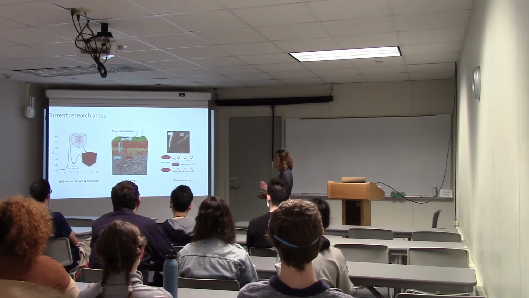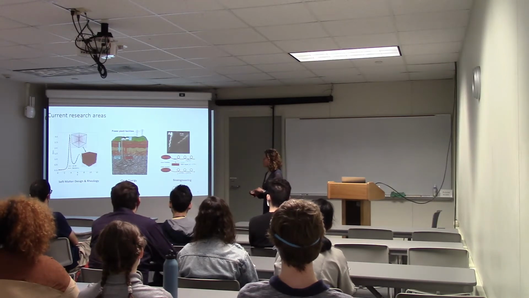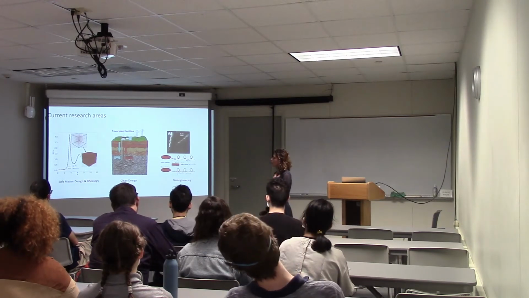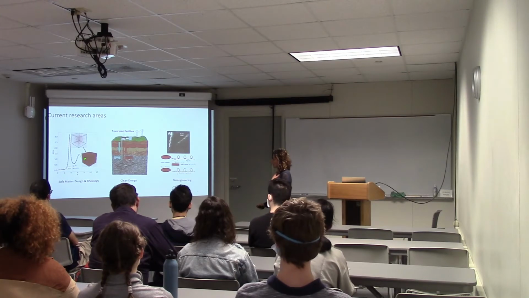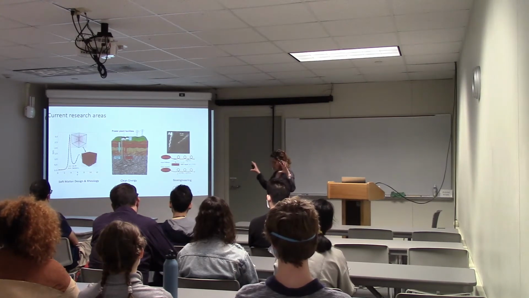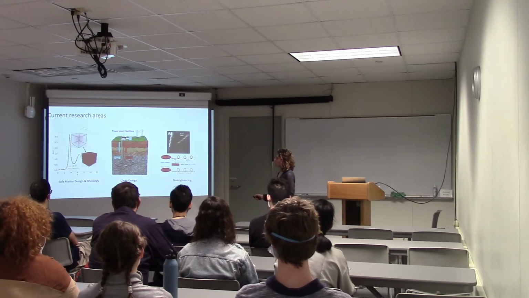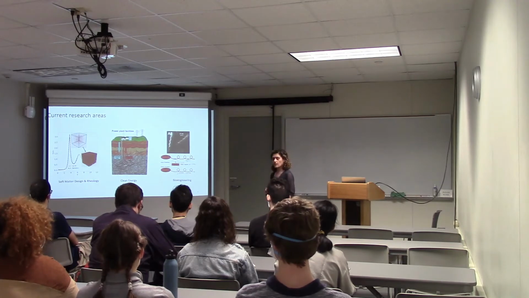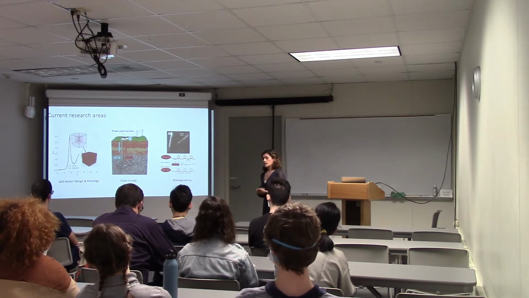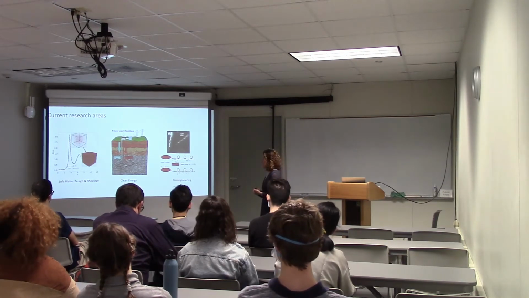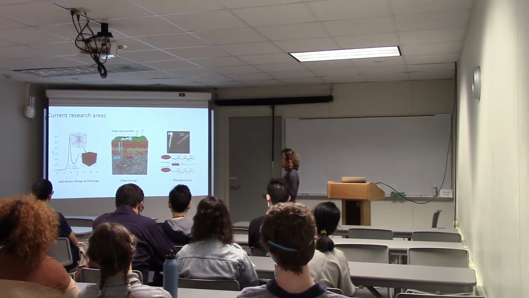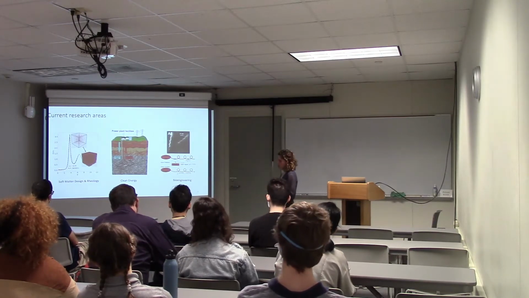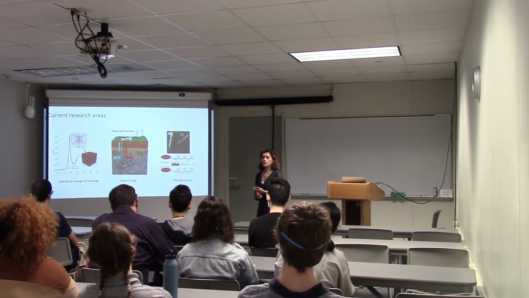To give you a couple of examples, the current research projects that I have can be divided into three categories. The first is soft matter design and rheology, which touches on open questions in condensed matter physics. The second is clean energy, mainly geothermal sciences.